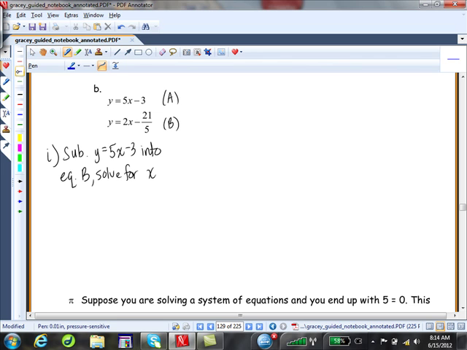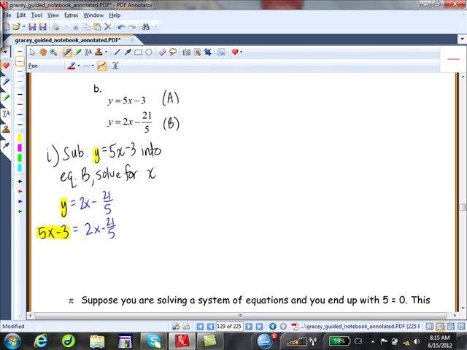Okay, so here we go. We start out with y equals 2x minus 21/5. We're plugging in 5x minus 3 for y. So this is what we did here. Now it's up to you: should we clear the fractions out?